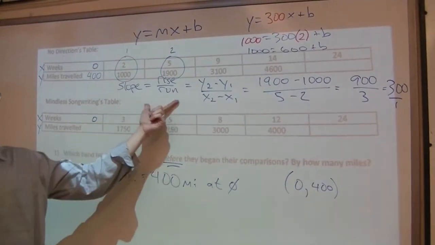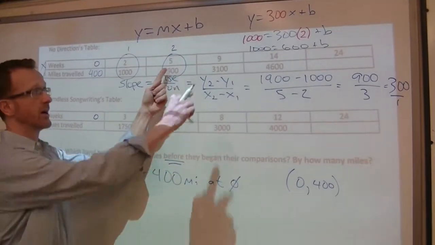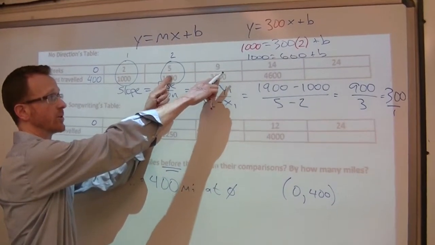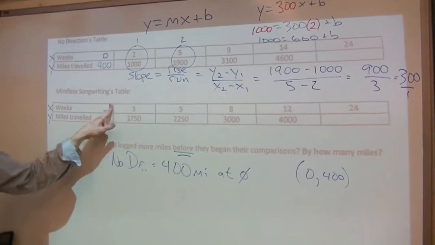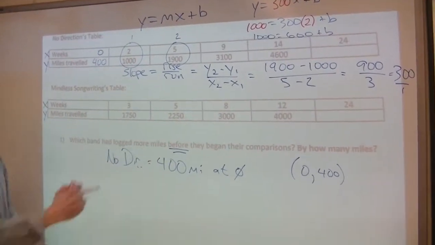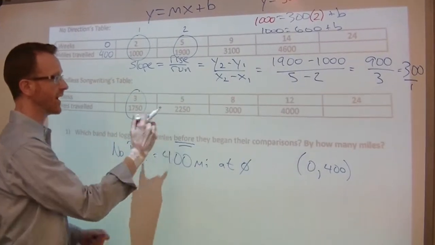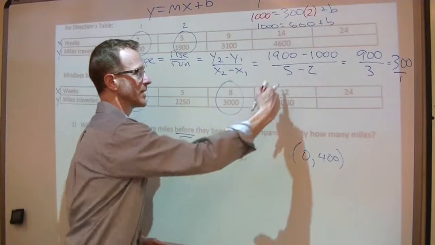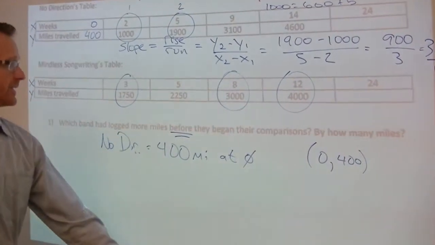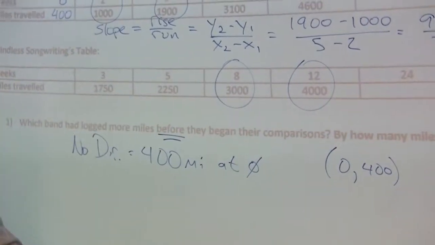In fact, I should check this with another pair of points. But for this video, we won't do that. We'll just move on to the next one to be sure. Same thing. Pick the 2 easiest ones you can find. In fact, I could pick these 2, but I like that a lot. 8, 3,000, 12, 4,000. That's going to make subtraction really simple. So let's use that.